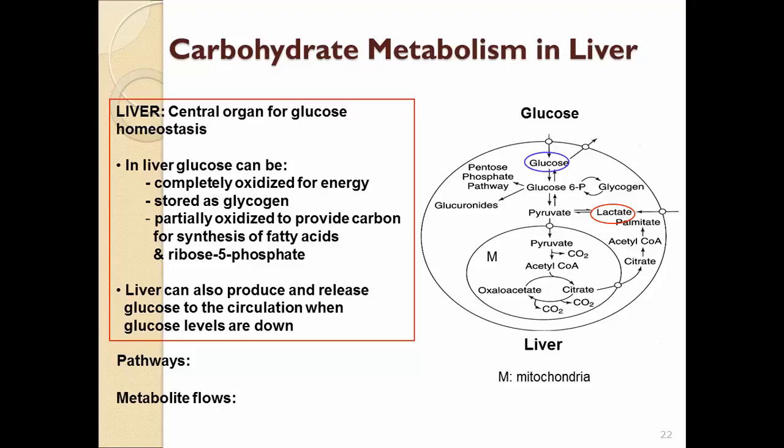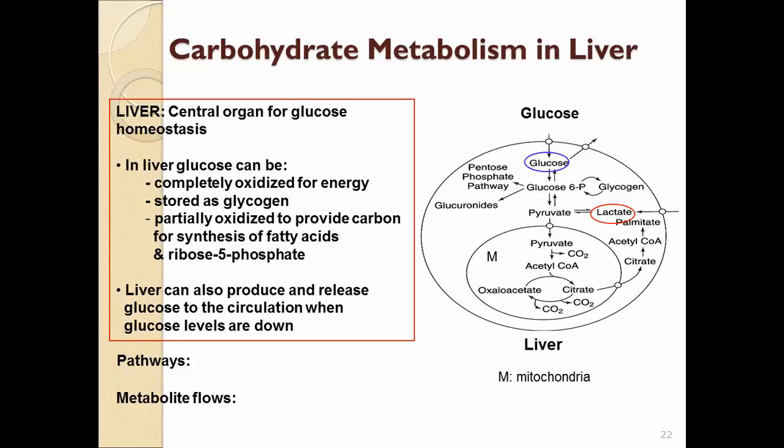And in the fed condition, glucose can also be utilized to synthesize glycogen, right? So the glycogen synthesis pathway. And during fasting, glycogen can be broken down to release glucose, right? And glucose can also be metabolized through the pentose phosphate pathway, right?